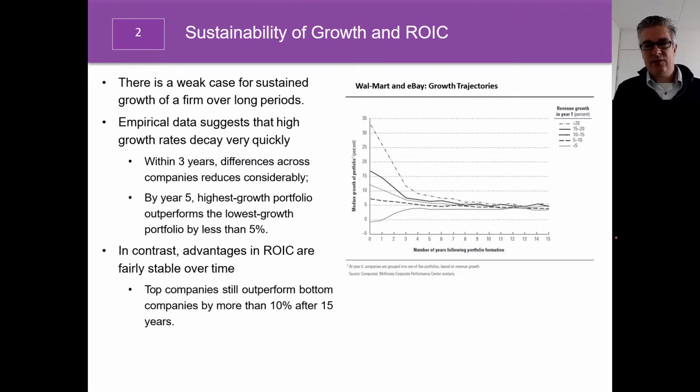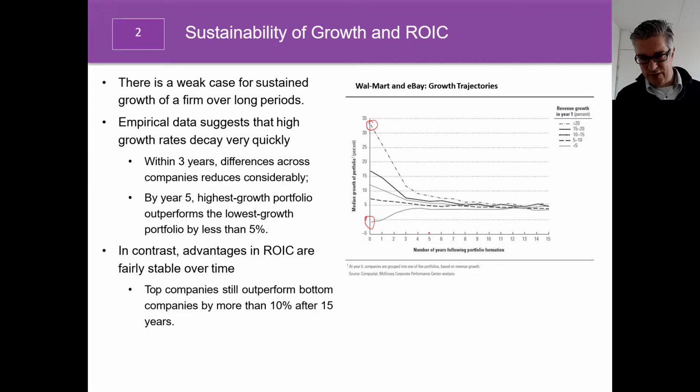If you look into how sustainable growth is over time, you see a very rapid decline of return on invested capital. If you look at the companies in the highest bracket of growth versus the lowest bracket, in year zero there could be a 30%, 35% gap in growth rates.